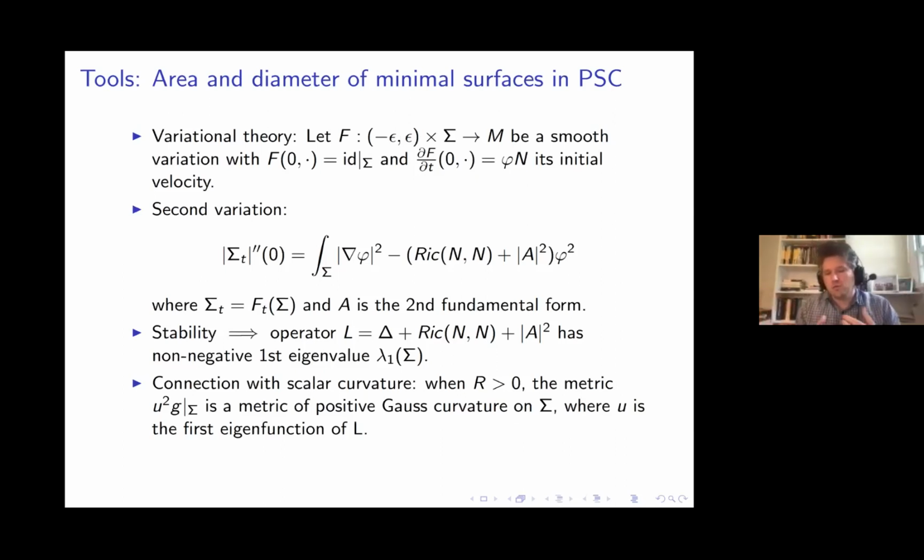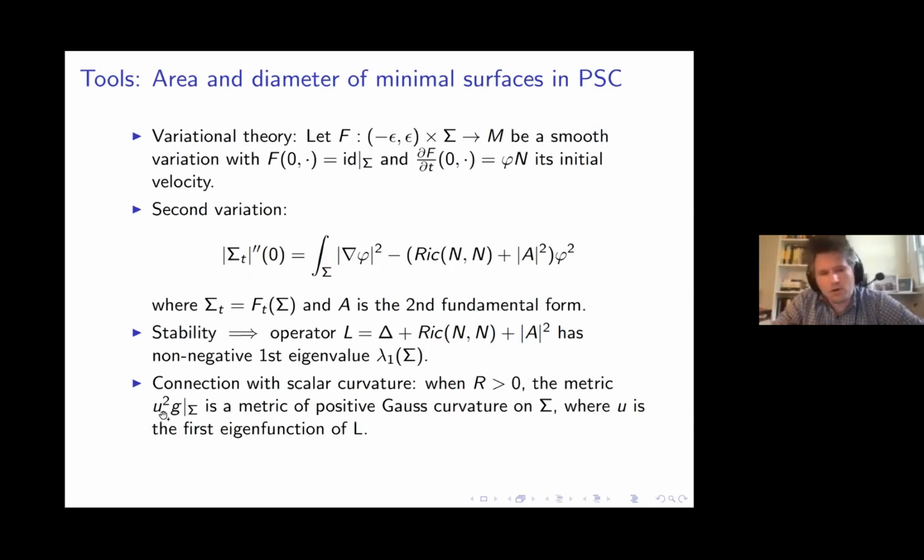But also, you can say things like, whenever I have that the scalar curvature is, instead of bigger than 0, bigger than some positive number lambda, then I'm going to have that this metric u squared times g has positive Gauss curvature which is bounded below by some lambda over a constant, right? And then I get the geometric smallness also for this conformal metric.